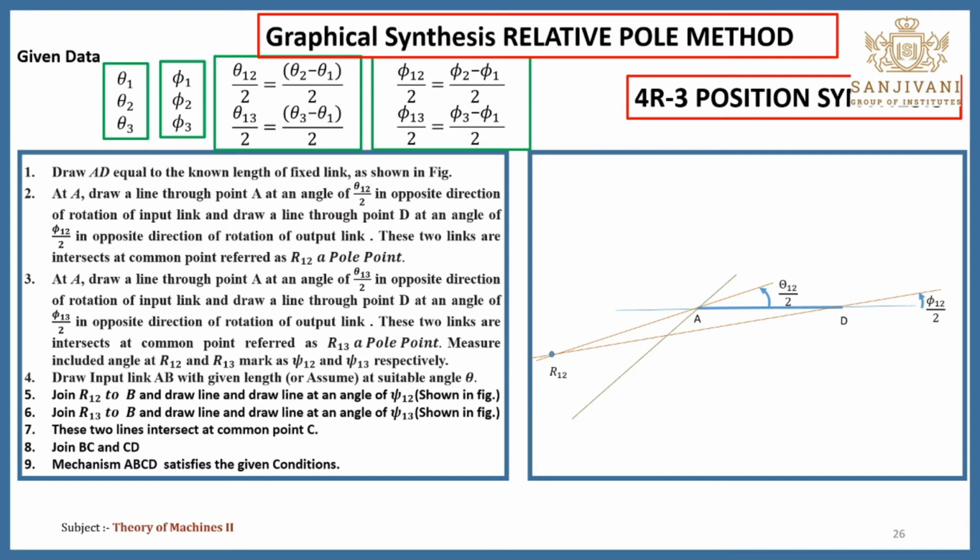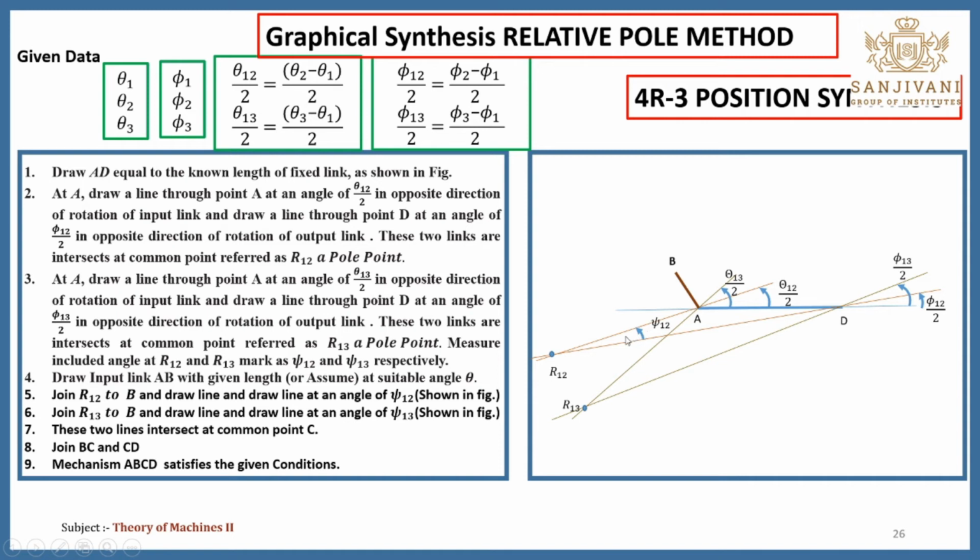Next, again through point A, you need to draw another inclined line of theta 1 3 by 2, and through point D again draw the line at phi 1 3 by 2. You will get the second relative pole which is R13. Next, draw one line through point A which is the input link by assuming any angle.